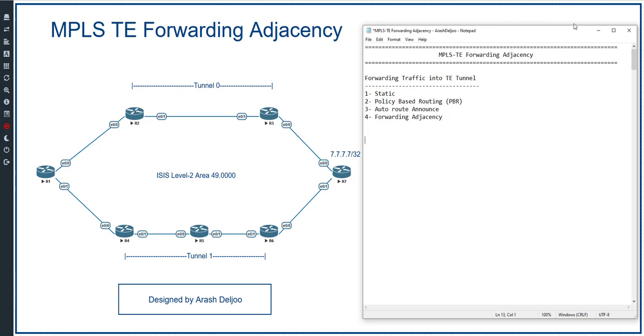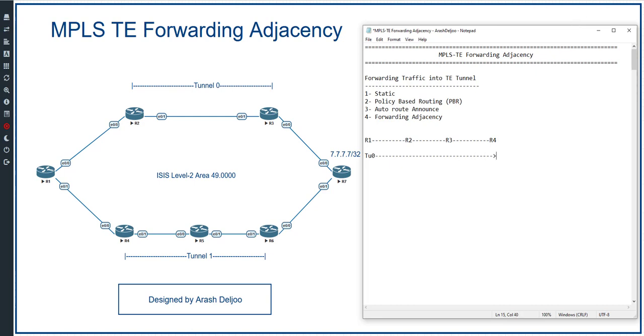Let me first configure a small scenario here: R1, R2, R3 and R4 are connected. This is our simple network. You know that in R1 we can configure a TE tunnel, for example tunnel 0. You configured many of these tunnels in this course. This tunnel 0 starts from router 1 and, for example, ends in router 4.